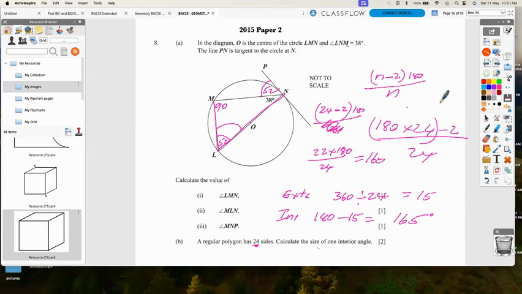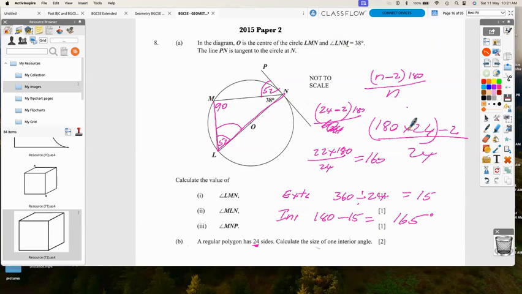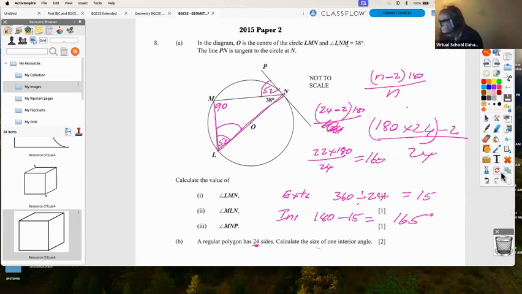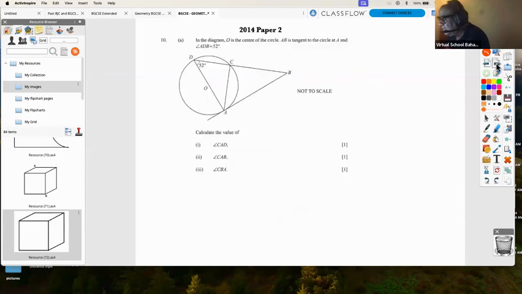If you write it like this in the exam, it will be a wrong method, and if you write that and end up with the right answer, they will mark it wrong because you can't follow the wrong method and get it right. So whenever you have this, the easiest way is to find the exterior angle by dividing 360 by the number of sides, and then subtract from 180, because one interior and one exterior angle give you 180.